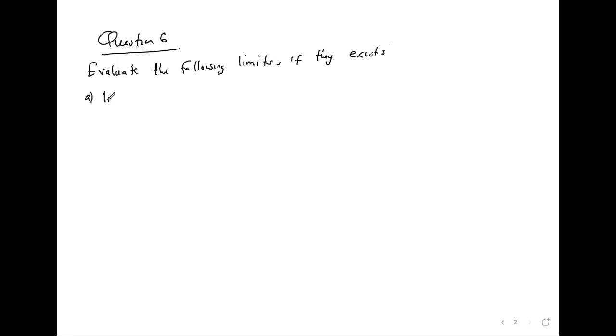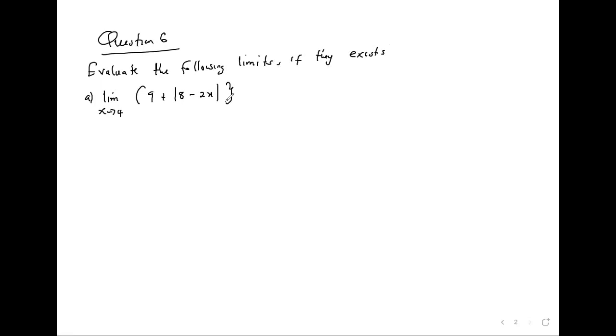For A, the limit as x goes to 4 of 9 plus the absolute value of 8 minus 2x. Like that.